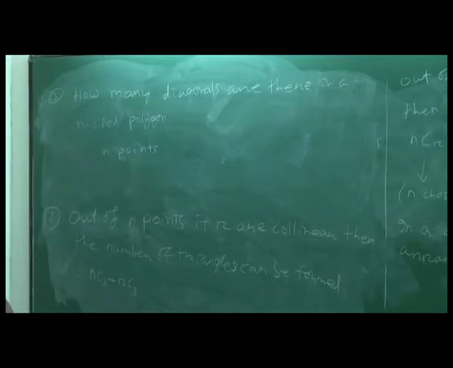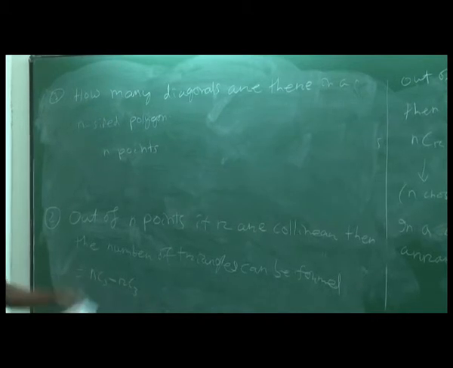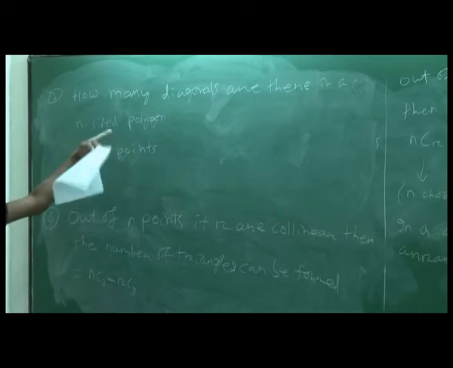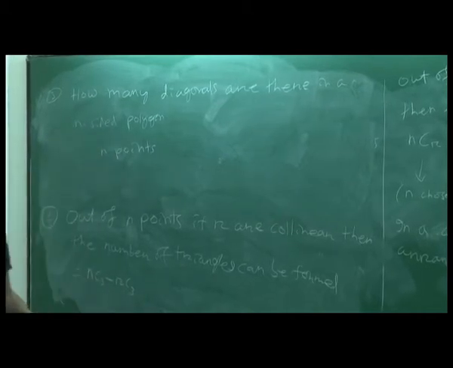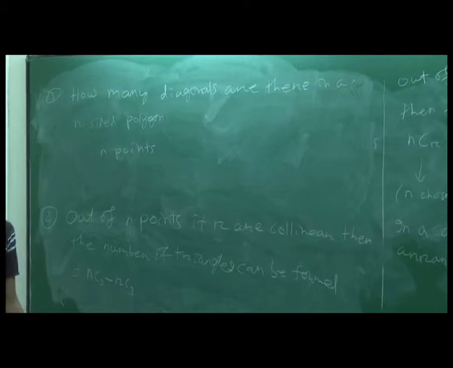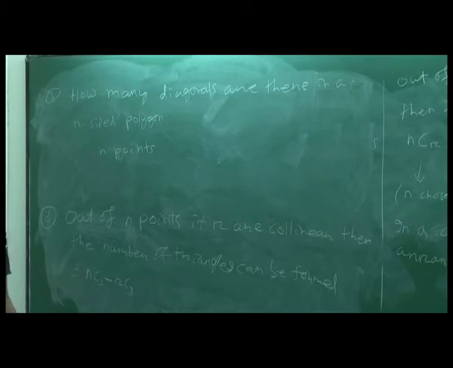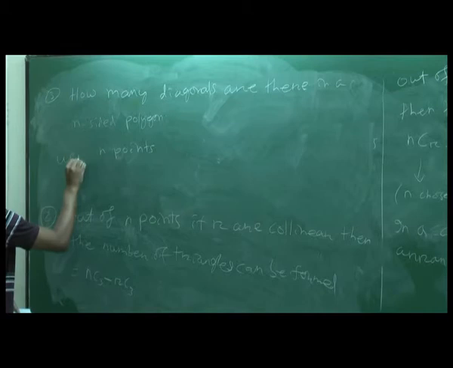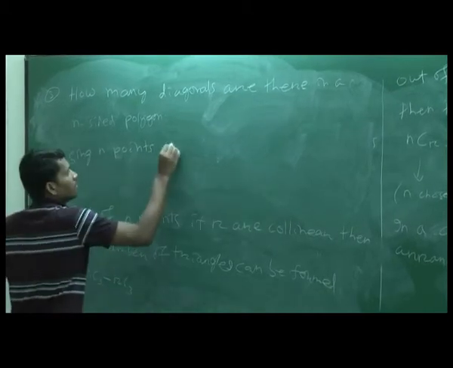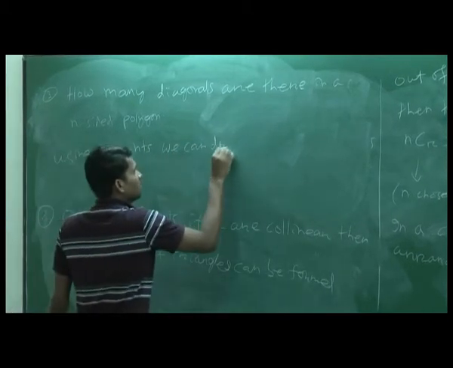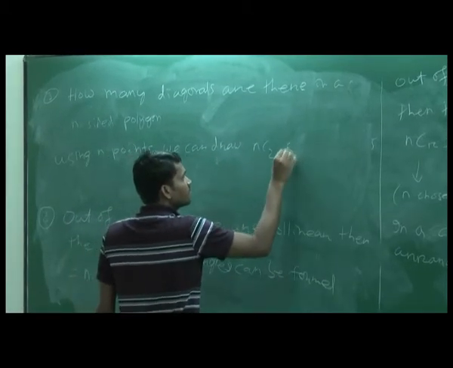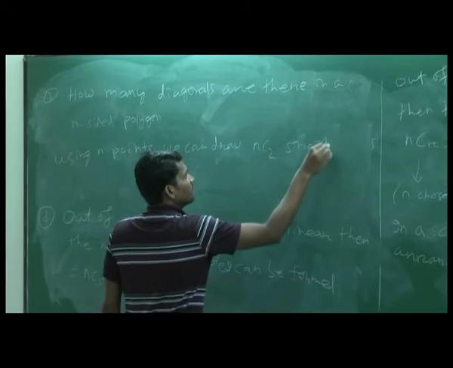For an n-sided polygon, there are n sides and there are some diagonals also, right? Using n points, we can draw nC2 straight lines.